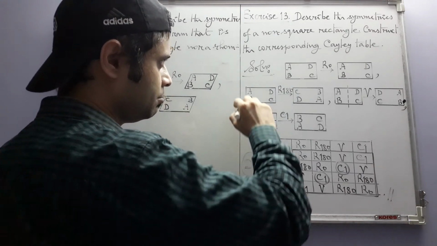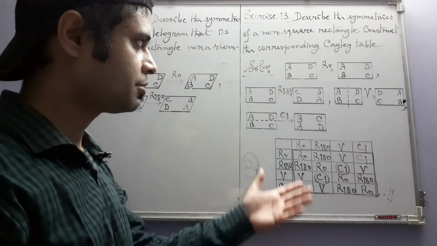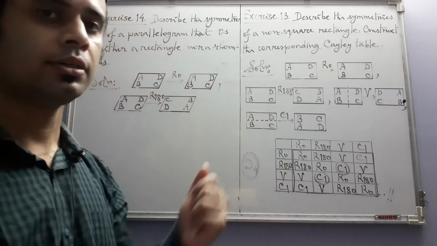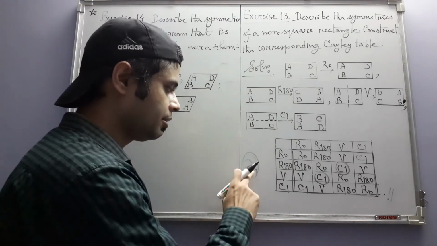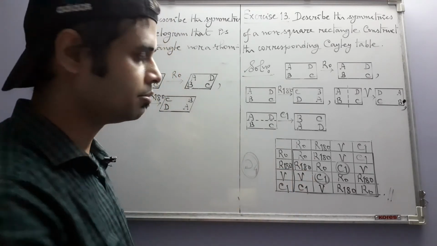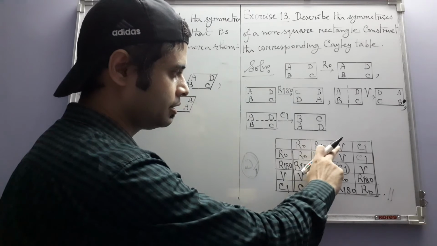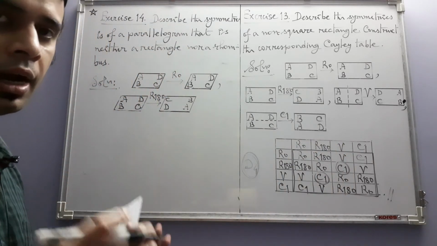After that we have come to this group, which is the group of symmetries of a non-square rectangle. So here instead of 8 symmetries we have only 4 symmetries, R0, R180, V and C1. So the number of symmetries has been halved.